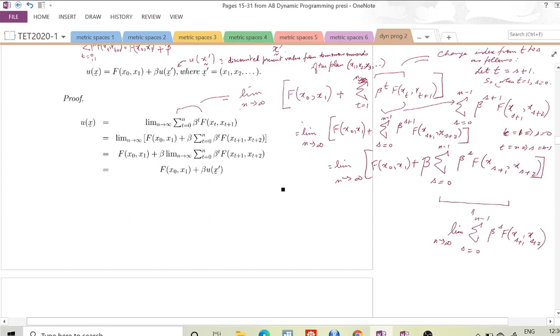If I take this limit, that is exactly the discounted present value to me of a problem starting at time t equals 0 or s equals 0, but starting at the state x1. Okay, so I plug that in here and I have the right hand side.